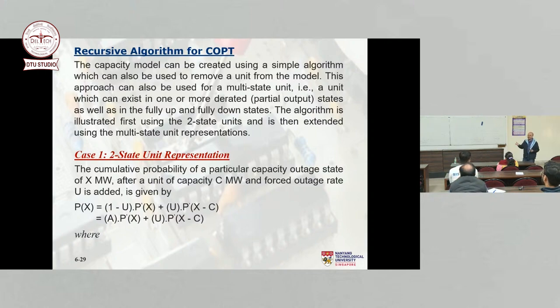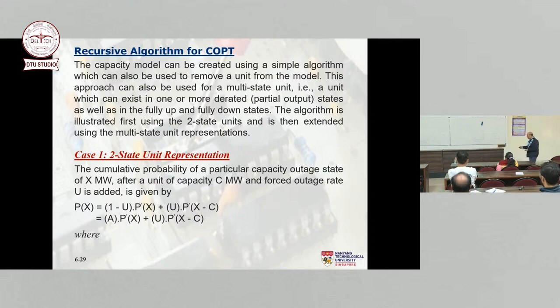Assuming the unit is existing in 2 states, X can have value 0 megawatt or 20 megawatt, right? I mean, what is the capacity on outage? Either 0 or 20, right? So let's say 0. So cumulative probability of 0 is equal to availability times P prime of 0. What is P prime of 0? I don't have a previous state because I'm adding the first generator, right? So we need to initialize.